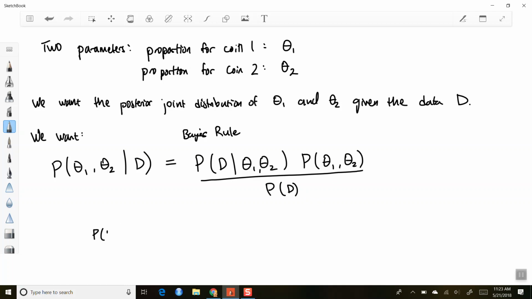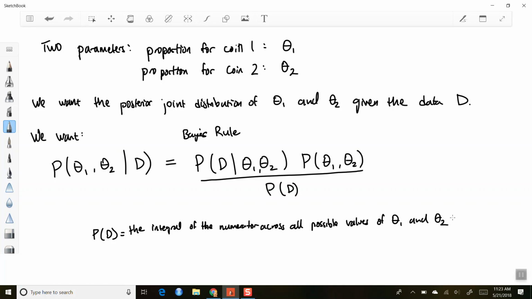Okay, and then the bottom, the probability of the data, is just the integral of the numerator across all possible values of theta 1 and theta 2.